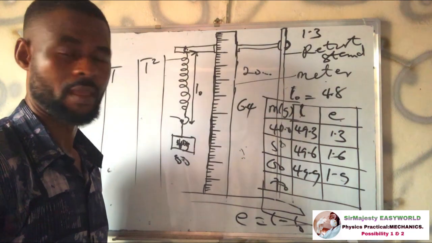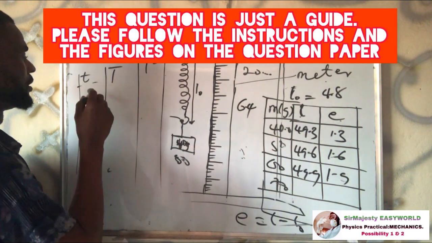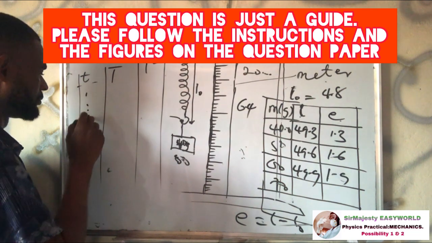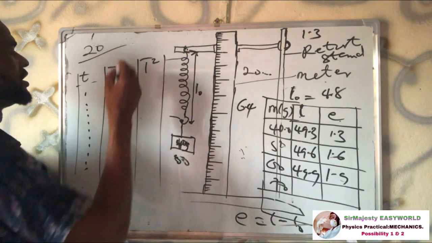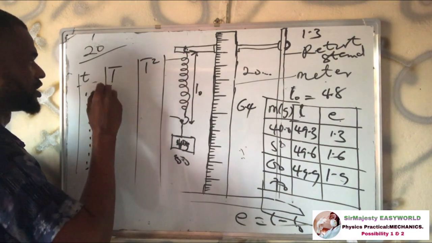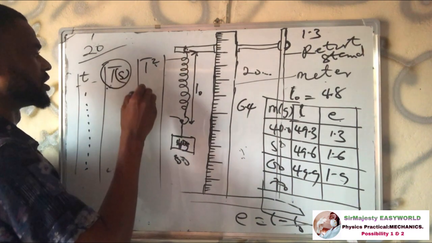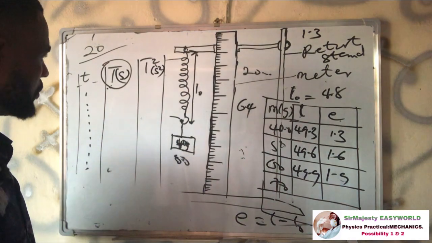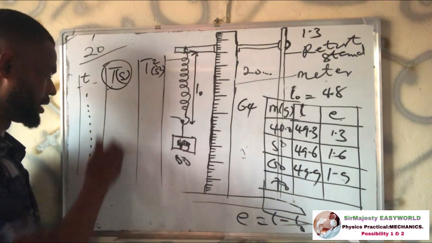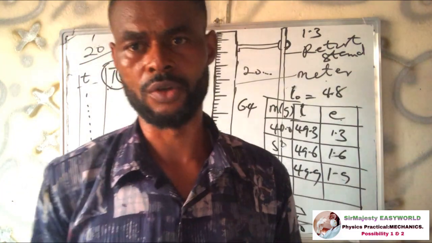After getting this small t, you divide every number here by 20 to get this one. After getting this one, you square the number to get this. Remember always to add your units, and this one is in second squared. So you fill in your table, plot your graph, and you are good to go.